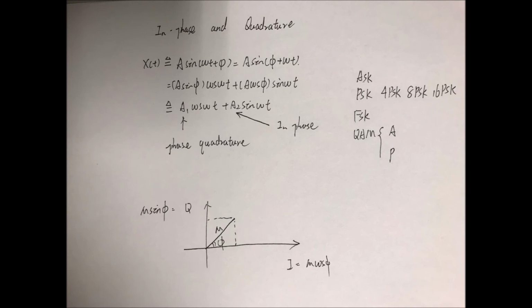Okay, so I define A1 for A sine phi, A2 for A cosine phi, and we call this one phase.